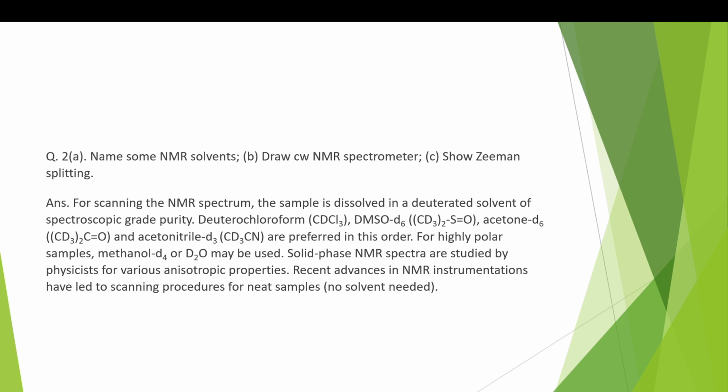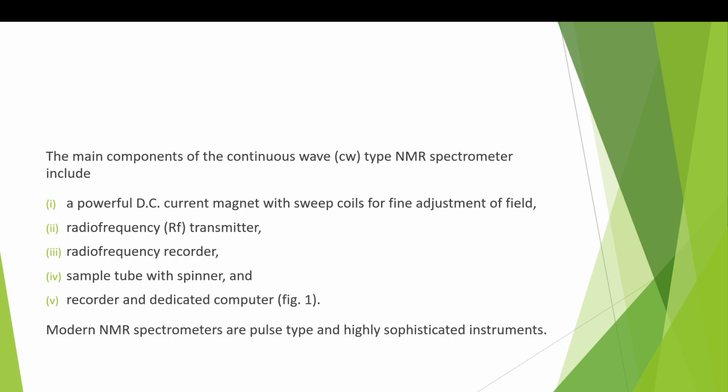A number of deuterated solvents are used in NMR: deuterochloroform, DMSO-d6 being the most commonly used. CW NMR consists of the following parts: a powerful DC magnet, radio frequency transmitter, radio frequency receiver, sample tube with spinner, recorder, and a dedicated computer.